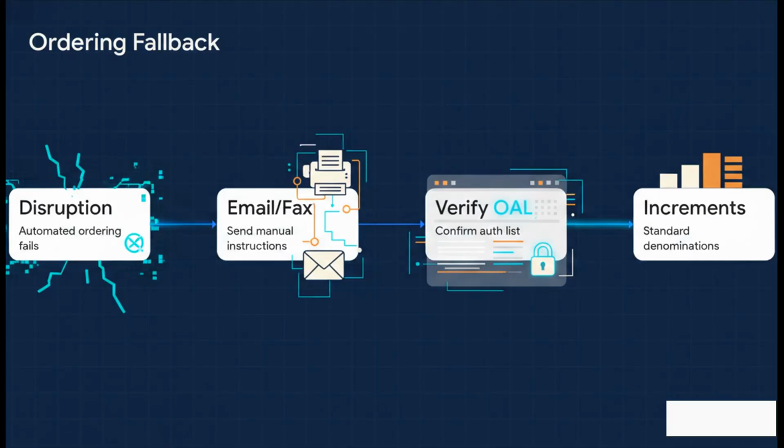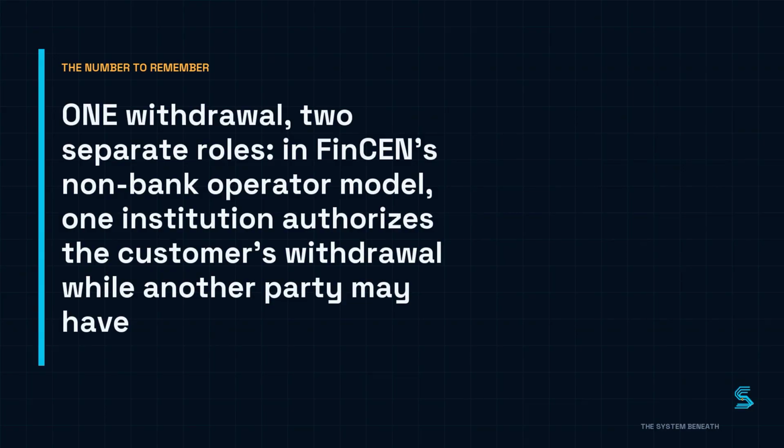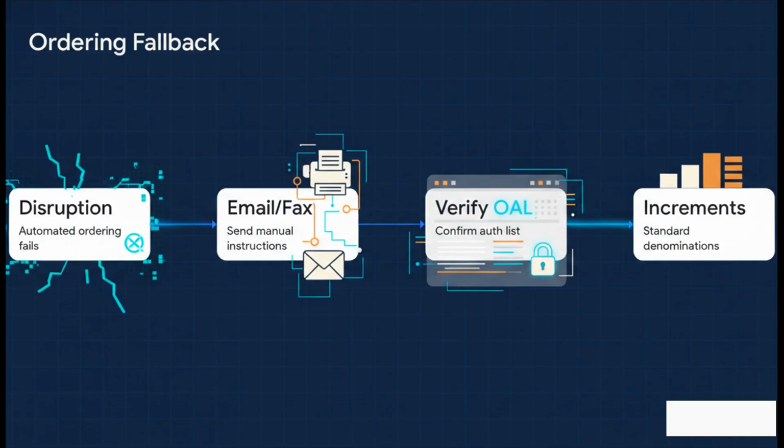But what happens when a bank does genuinely need fresh cash directly from the Fed, and suddenly, disaster strikes? Well, the Fed Cash Services Business Continuity Guidelines have some incredibly strict backup plans. If the main web ordering portals crash, the banks and armored carriers have to pivot instantly. We're talking old school fallback, emailing or literally faxing instructions.